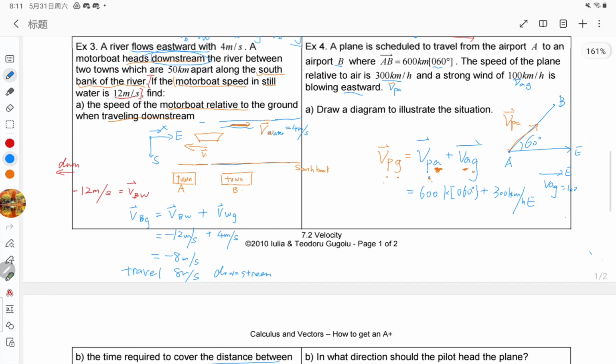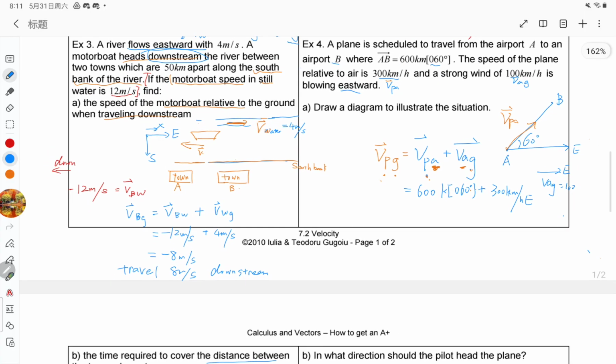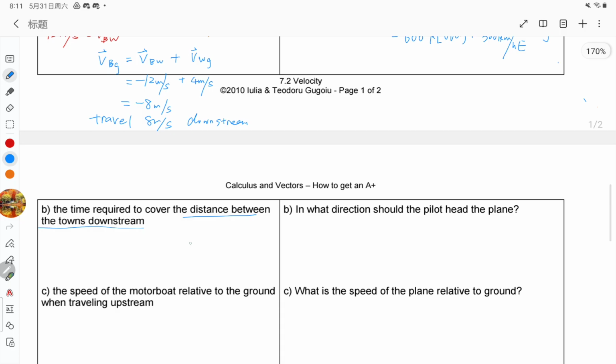The distance between them is 50 kilometers away, right? You have AB object, we have 50 kilometers away. Okay.